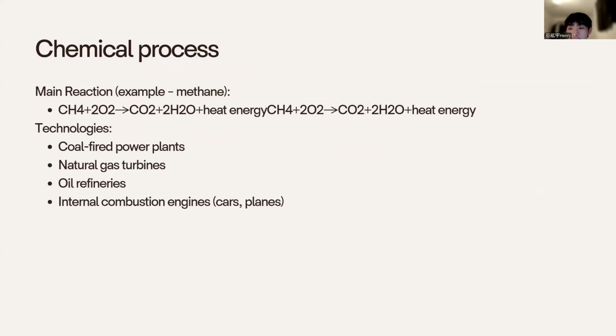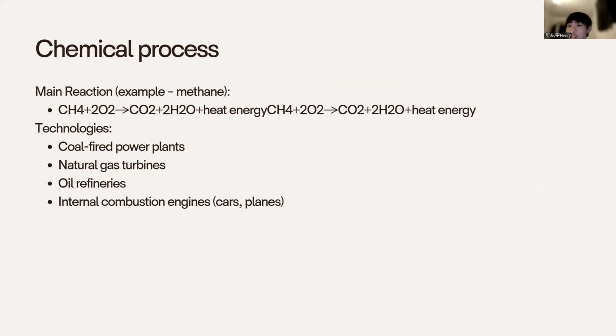So here is a main reaction, which is methane. Methane is CH4 plus 2O2, and then it turns into CO2 plus 2H2O plus heat energy.